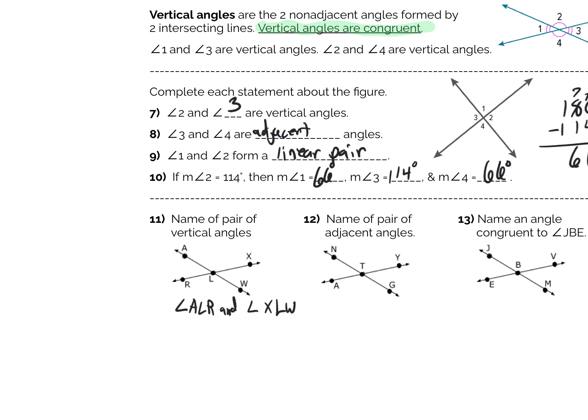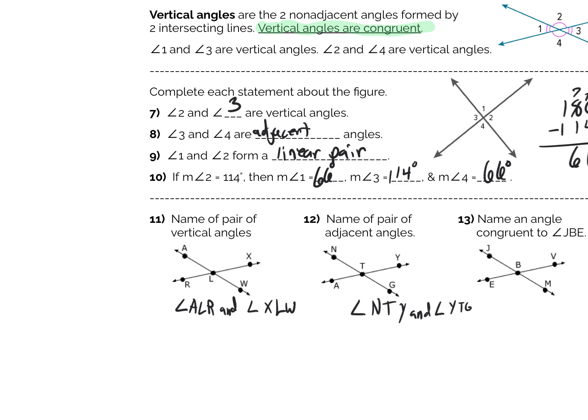Those are also vertical. A pair of adjacent angles, so that means they're angles that are right next to each other. So we could say angle, oh, that looks kind of more like a greater than sign, so let me fix that. Angle NTY and angle YTG.